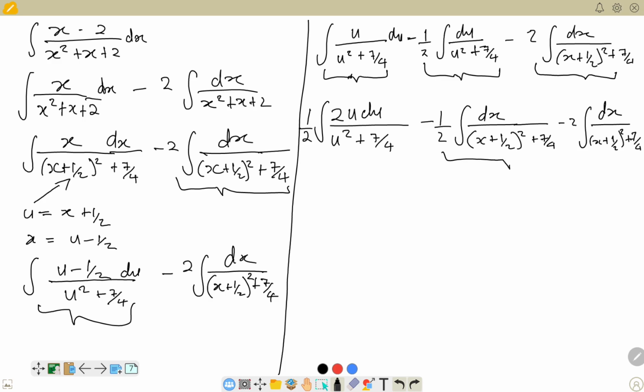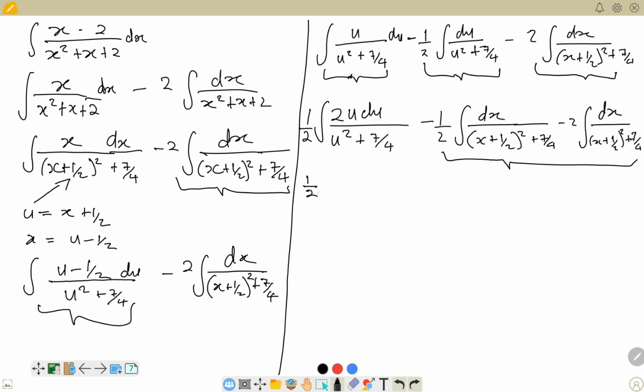So I can see that these are like terms. They have a lot in common. So I can see negative half and minus 2 give me negative 5 over 2.